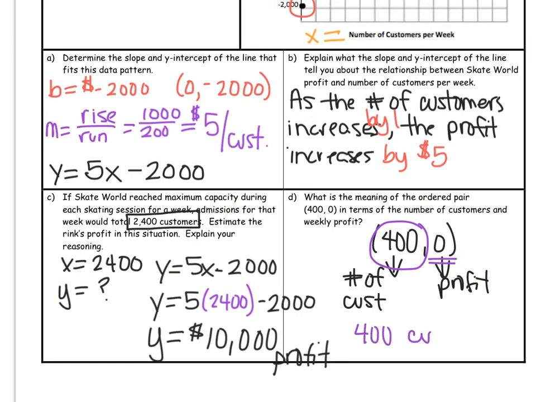So 400 customers will give $0 in profit. And why is that? That's our break-even point. They have to have 400 customers come through the door just to break even. Anything above 400 is where they're making money.